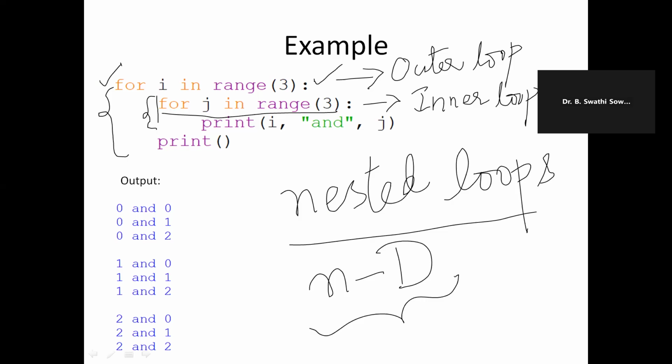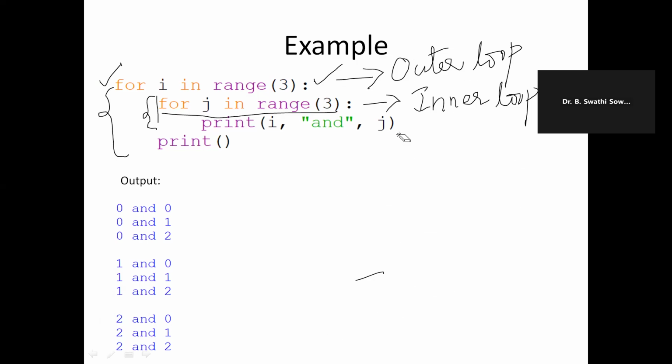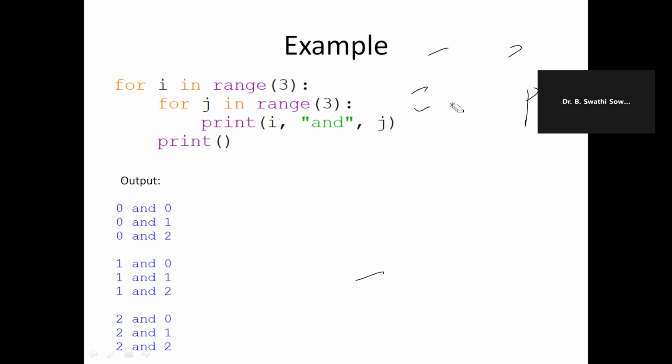What our program does now is print the value of i and the value of j when this entire program is run. Let us consider that the i value ranges from 0 to 3, and the j value also ranges from 0 to 3.